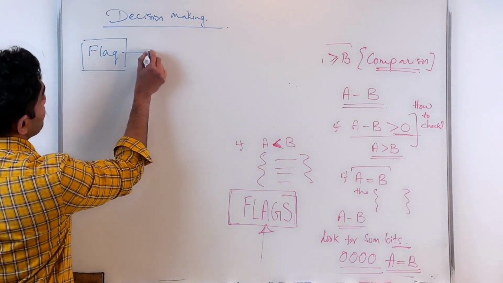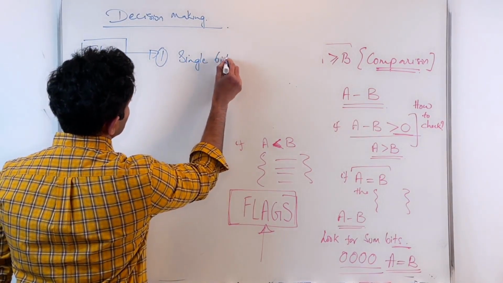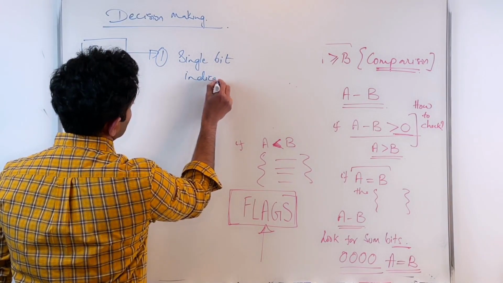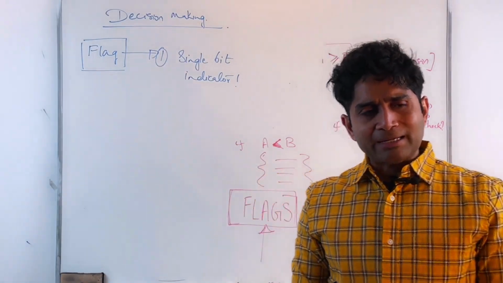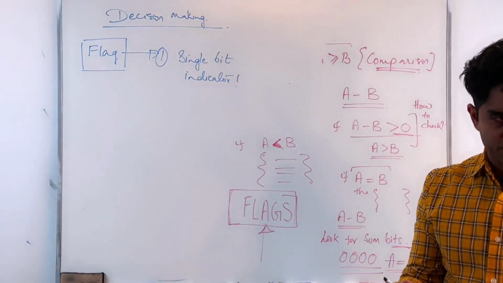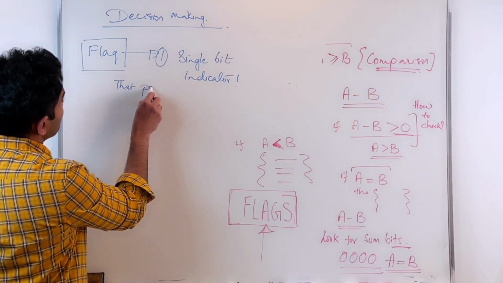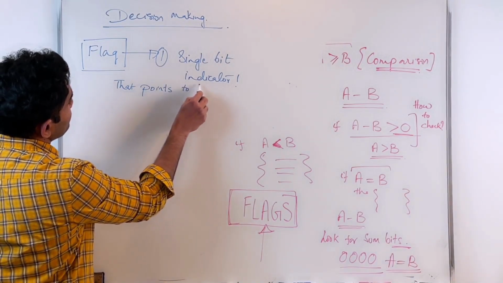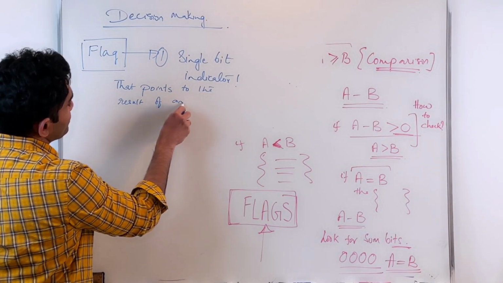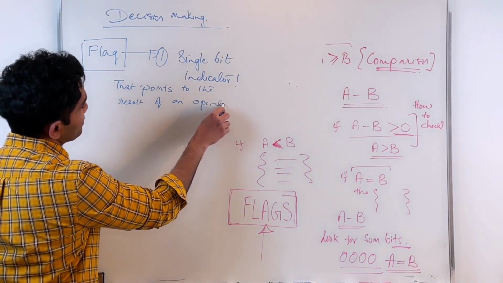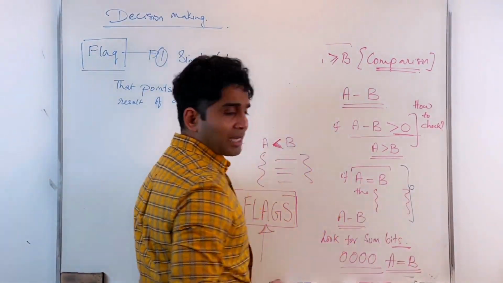First of all, a flag is a single bit indicator that points to the result of an operation.